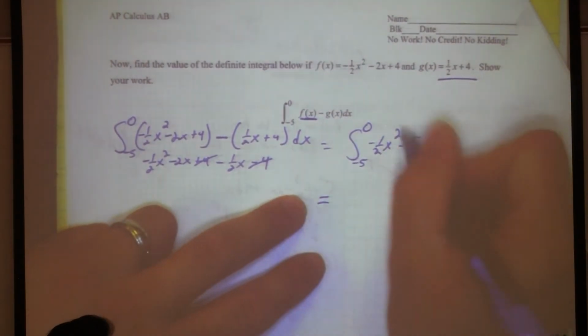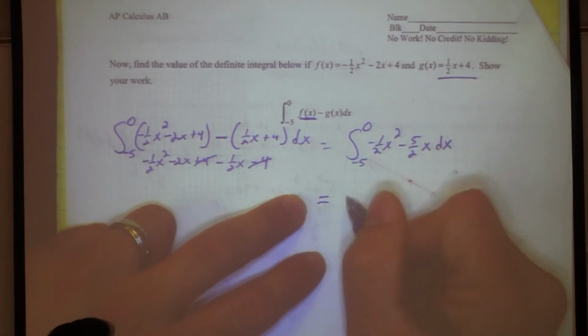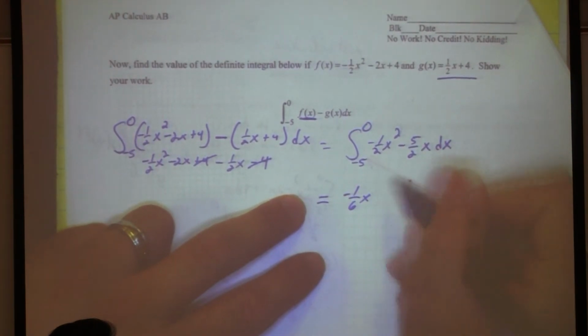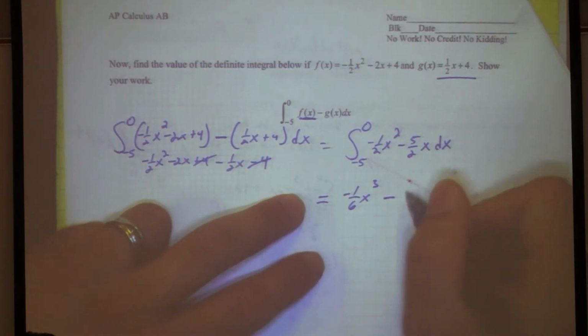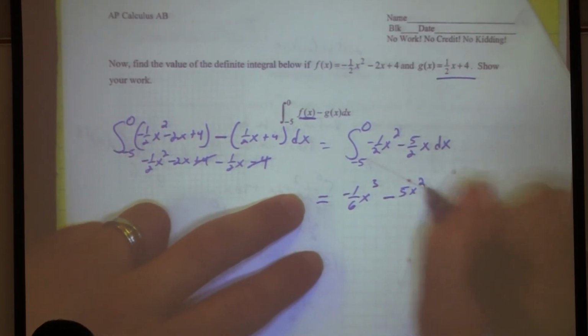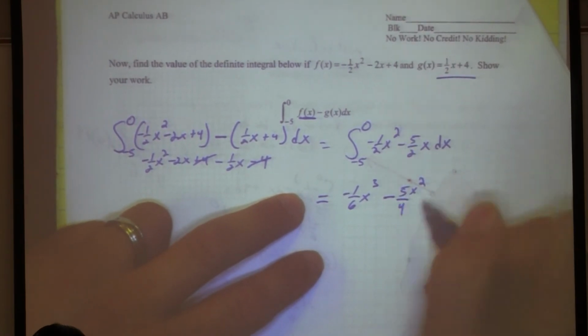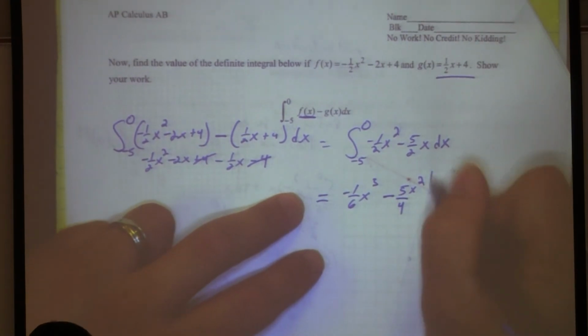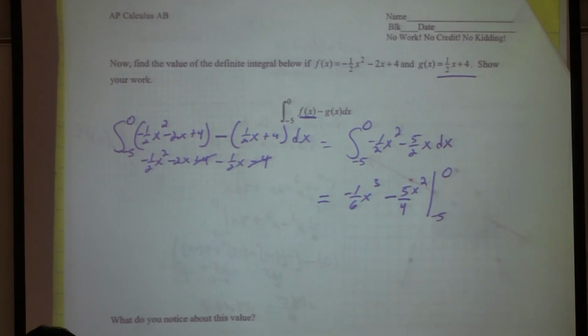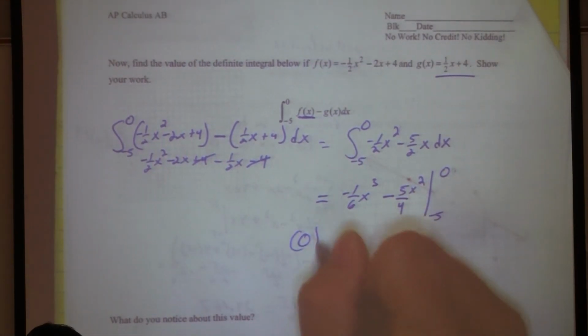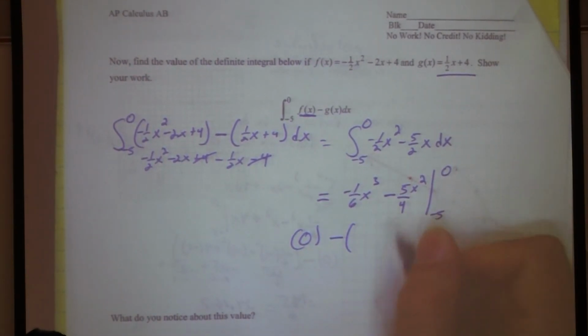So what would we get when we integrate this guy? -1/6x cubed minus 5x squared over 4, evaluated from -5 to 0. When I put 0 in, we get 0. Minus, put in the negative 5.